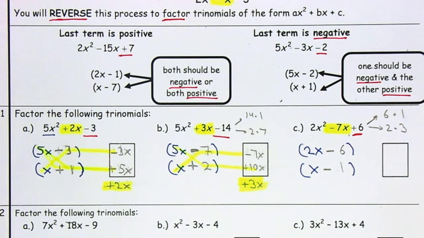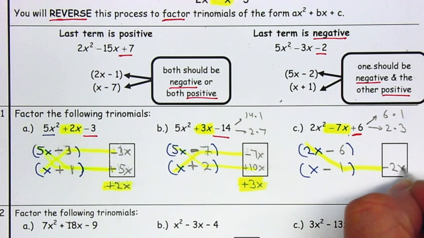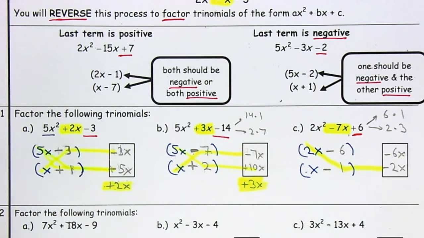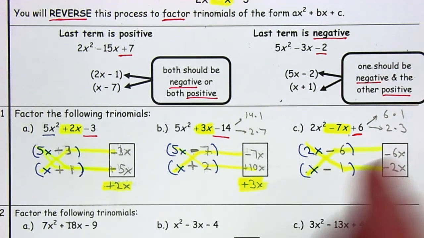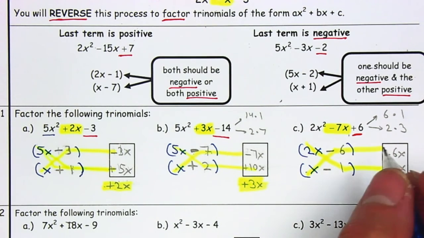Let me multiply it out. That gives me negative 2x. And some of you guys are already seeing it in your head, oh, that won't work. X times negative 6 is negative 6x. If I add them, will it give me negative 7x? No, that gives you negative 8x. So that does not work.